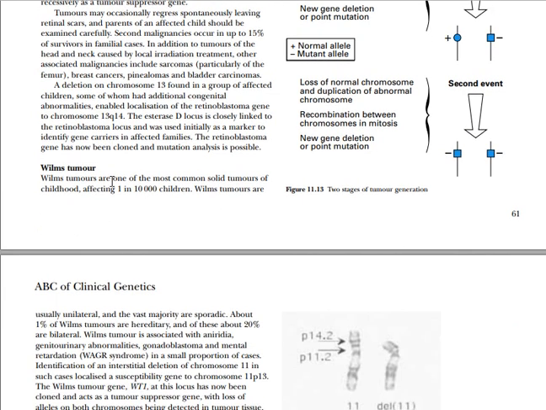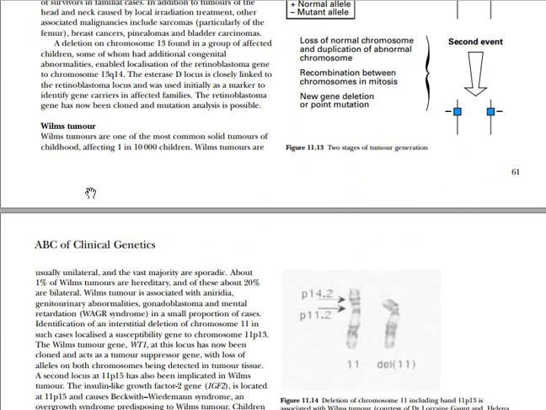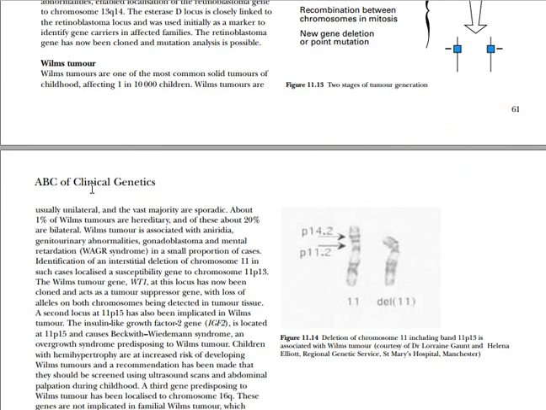Is it clear? Now, Wilms tumor is another tumor in childhood, and it is the most common solid tumor in childhood, occurring in 1 in 10,000 children. Wilms tumor is usually unilateral, and the vast majority are sporadic. About 1% of Wilms tumor is hereditary, and about 20% of those are bilateral. Most of them are sporadic, meaning that they are not transmitted by genetic inheritance.